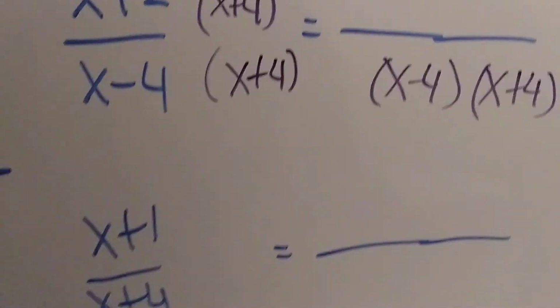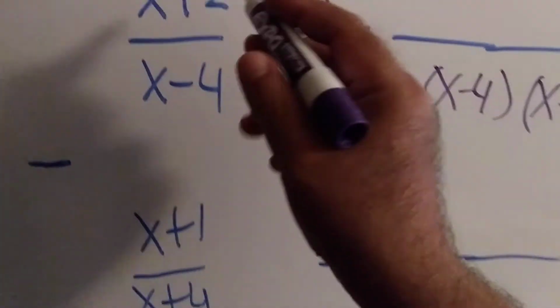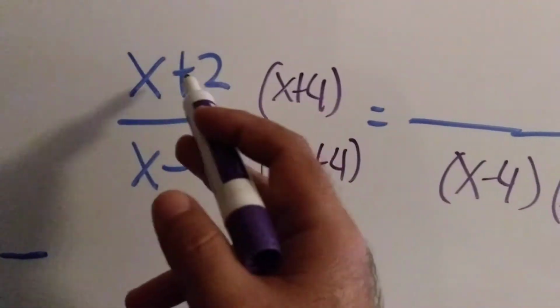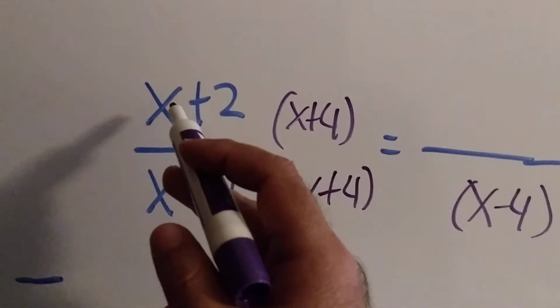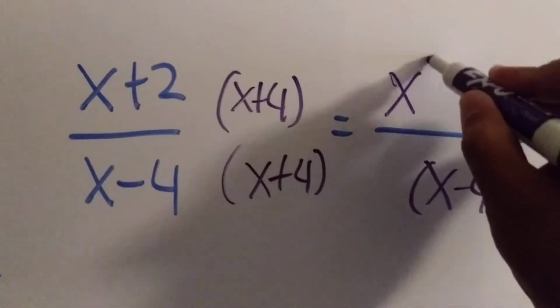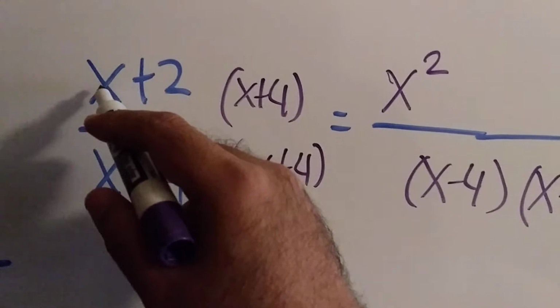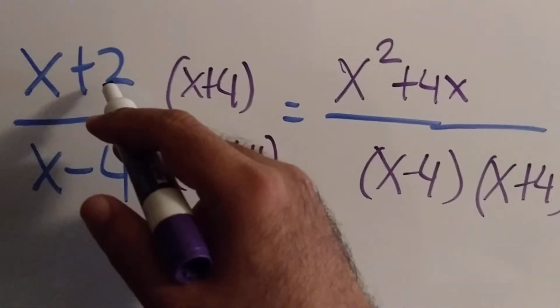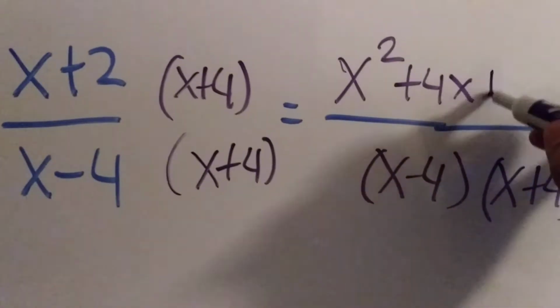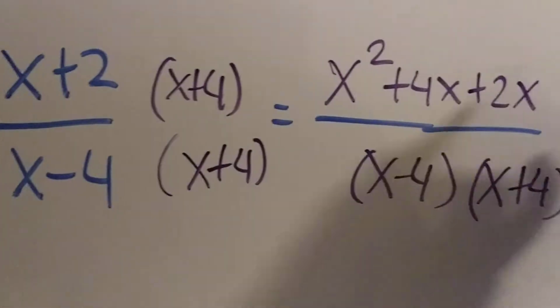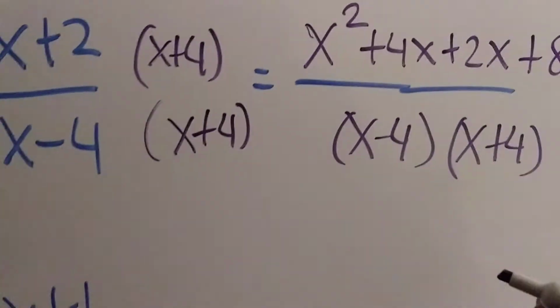Okay, and so for the first part of the fraction here, what we'll do is we're going to do the FOIL method, which is x times x gives us x to the second, and then x times 4 will give us positive 4x. 2 times x gives us 2x positive, and then 2 times positive 4 gives us positive 8.